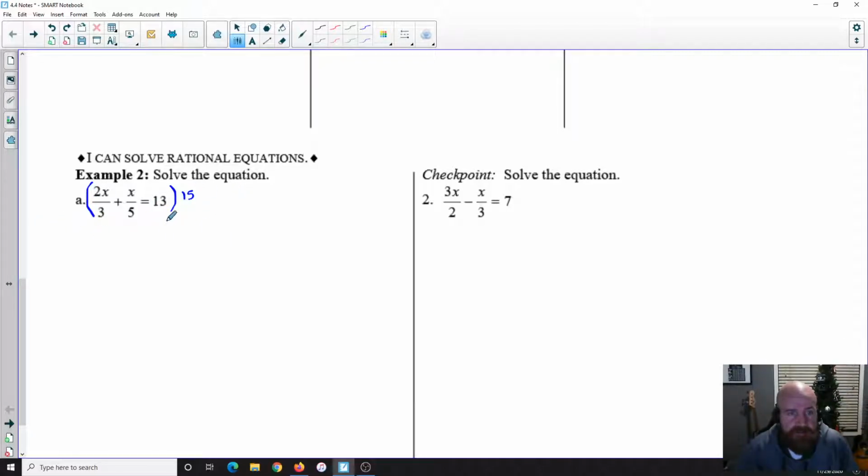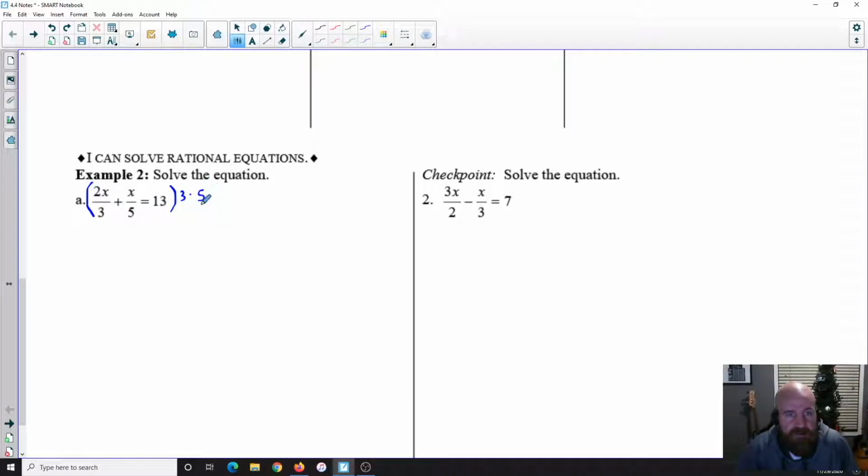let's see what we get here. Actually, I'm going to write it out as 3 times 5, so it's a little easier to see what's going to happen. If we multiply the first fraction by 15, we would notice that the 3's cancel out, because this is going to be 2x times 3 times 5. We have a 3 on the top and the bottom, so that cancels out.